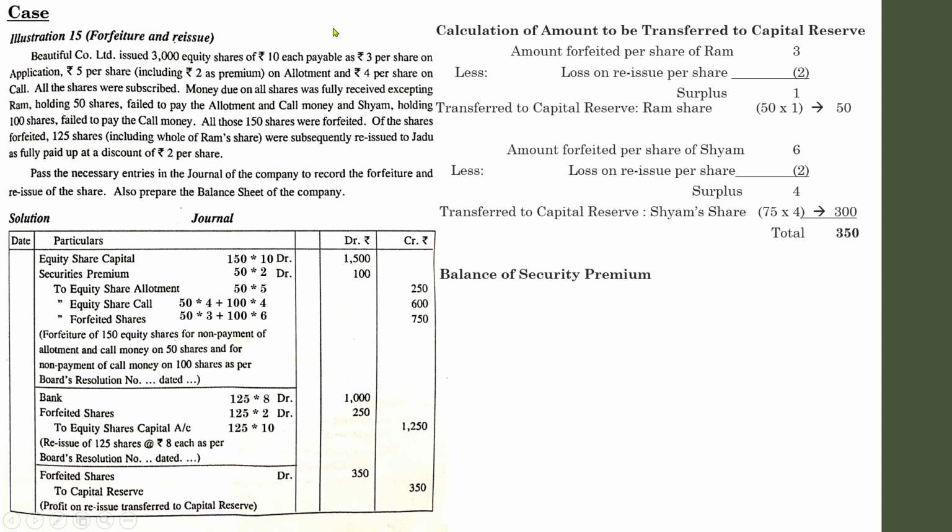The premium is 2 on one share. How many shares were issued by the concern? Initially 3000 shares. So 3000 into 2, you will get 6000. Not shares, actually, amount. So from the premium side the company is going to receive 6000.